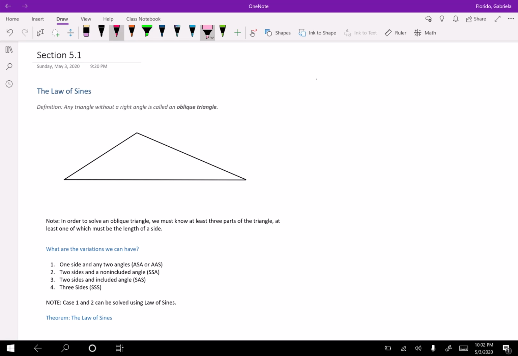I'm going to start off by labeling this oblique triangle. I'm going to have this vertex be called A, this vertex B, and this vertex C. So A, B, and C, they are vertices. Their corresponding angles are going to be alpha, beta, and gamma.